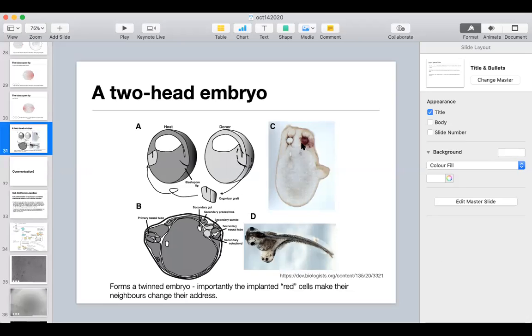But in Mangold's original experiment, the host was unpigmented and the donor was pigmented. And she could show that this donor was coming from a different embryo, but also that it was inducing the host tissue to adopt a new fate.